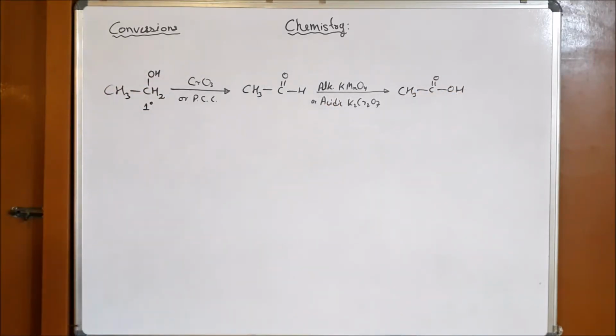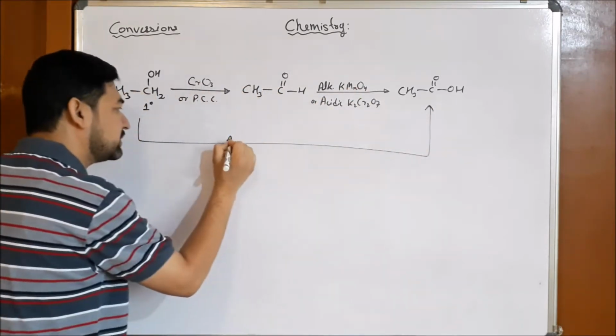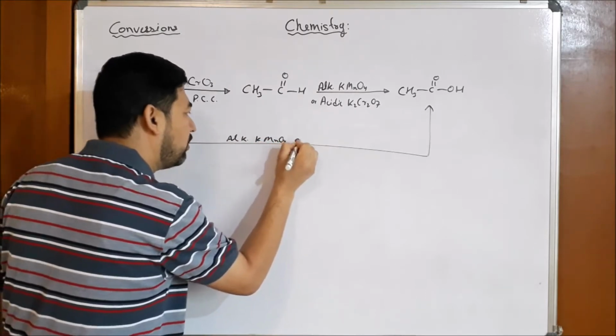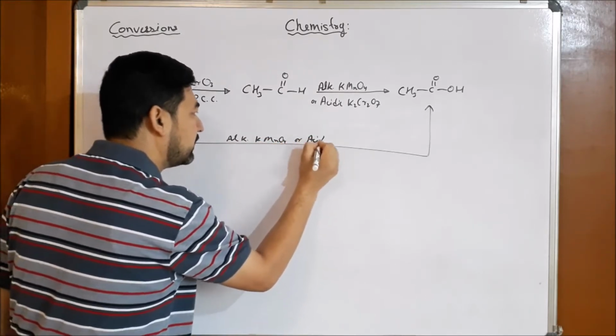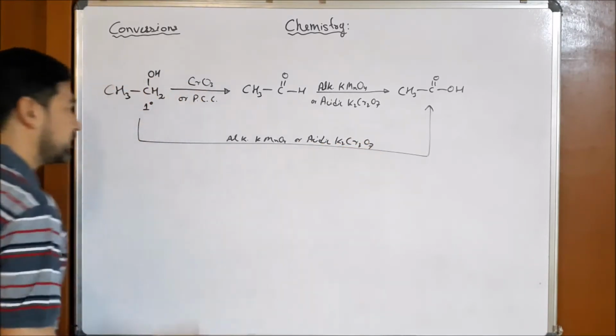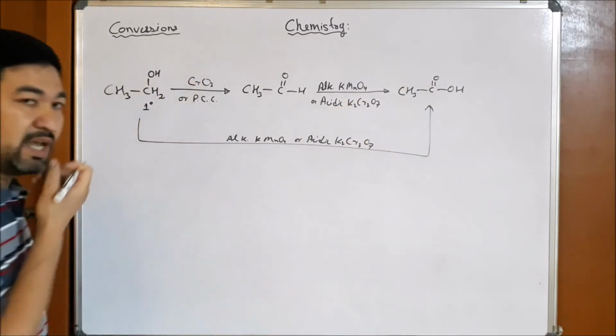So if you directly apply this reagent, alkaline KMnO4 or acidic K2Cr2O7, a strong oxidizing agent, to the primary alcohol, it will directly end up with the carboxylic acid.